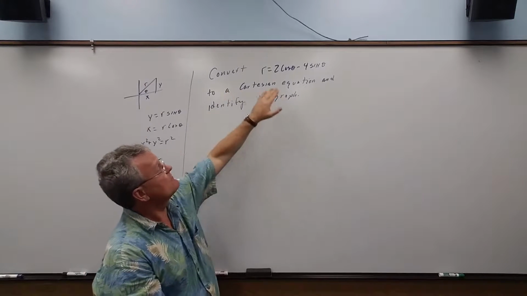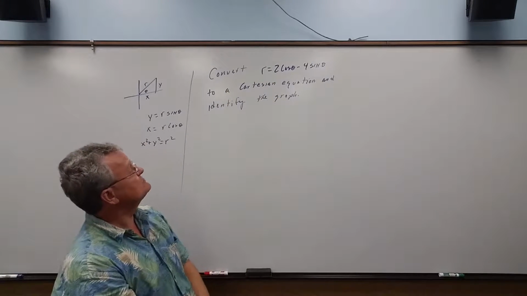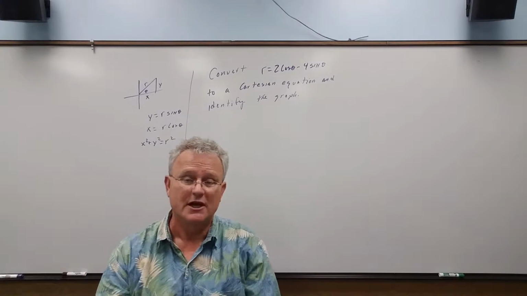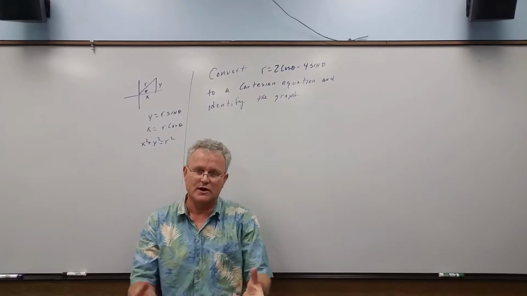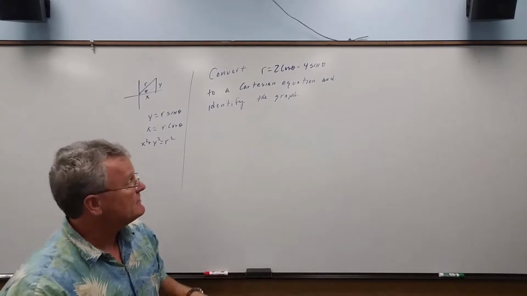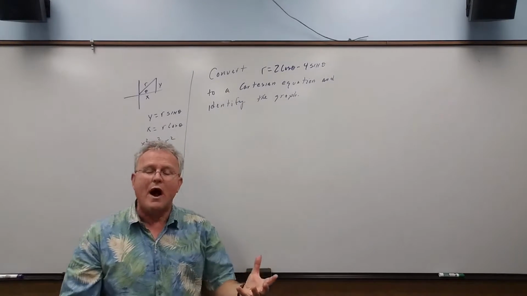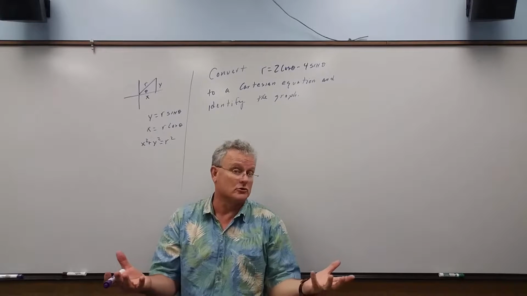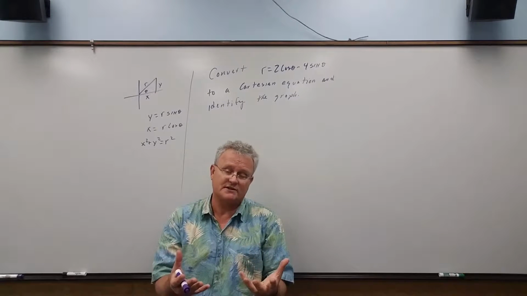Now we're going to convert this polar equation to a Cartesian equation, and then with that Cartesian equation we're going to manipulate it algebraically to identify the graph. Now before I do this, why do we have polar coordinates as opposed to just rectangular?